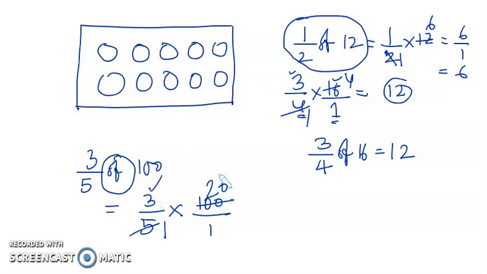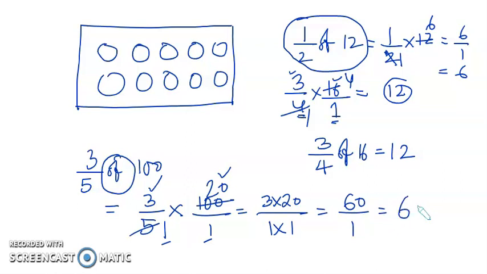So you are left with 3 and 20 in the numerator. So multiply 3 and 20. In the denominator you have 1 and 1, so you multiply 1 and 1. So 3 20s are 60, and the denominator is 1. So ultimately your answer is 60, which means 3 by 5 of 100 is 60.